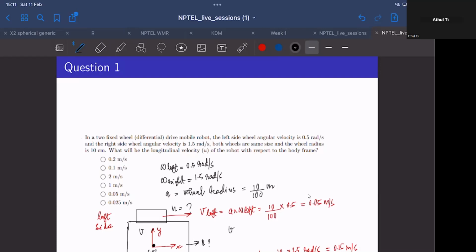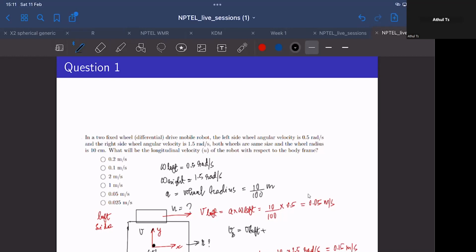velocity of B plus some angular velocity. If we are only considering the left wheel, the robot's rotation would be in the clockwise direction. So velocity of B would be the left side wheel velocity plus some angular velocity of the robot.